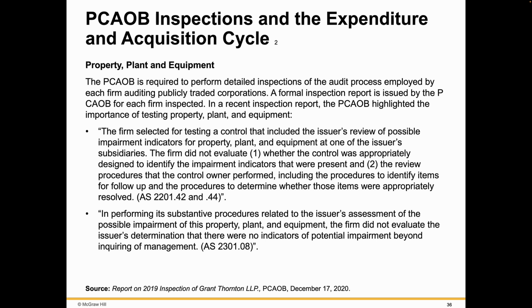Additionally, the PCAOB noted that in performing its substantive procedures related to the issuer's assessment of the possible impairment of this property, plant, and equipment, the firm did not evaluate the issuer's determination that there were no indicators of potential impairment beyond inquiry of management. And here you see the auditing standards that relate to that. So the PCAOB in their inspections is basically saying what Grant Thornton, in this case, failed to perform.